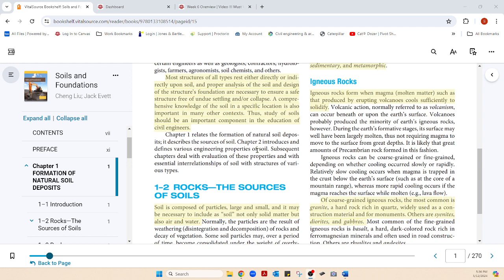It doesn't talk much about shrink and swell, but most of the stuff in chapter 2 in the beginning, the first couple of pages, maybe 3, are things that you have been exposed to, I'm sure.